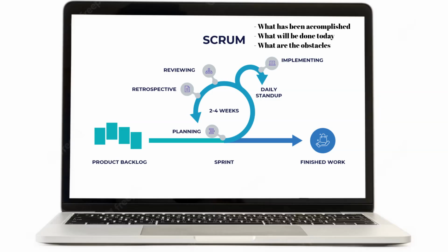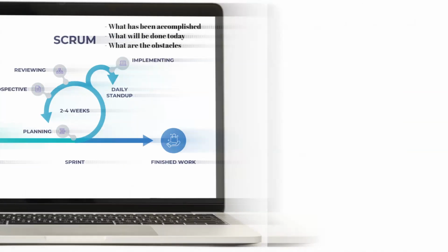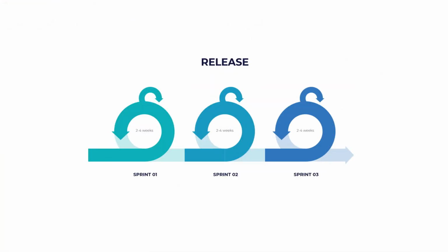Once the implementation is complete, we usually do a product review and product demo, followed by the retrospective or lessons learned. Next, we ship a product and go to the planning of the next release. Scrum repeats multiple times until the project is no longer funded.